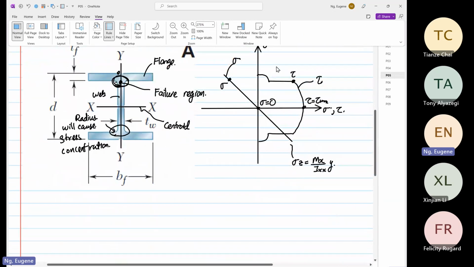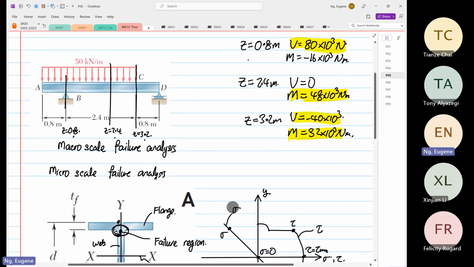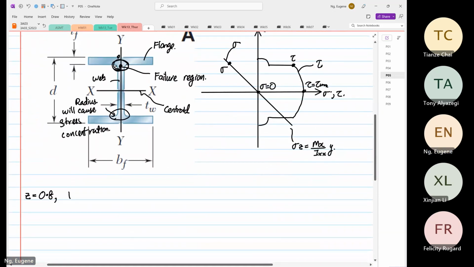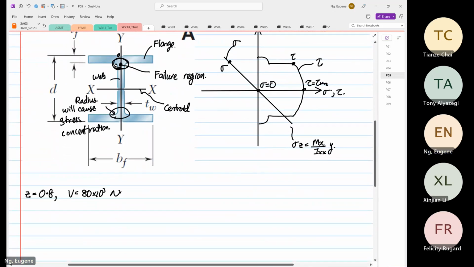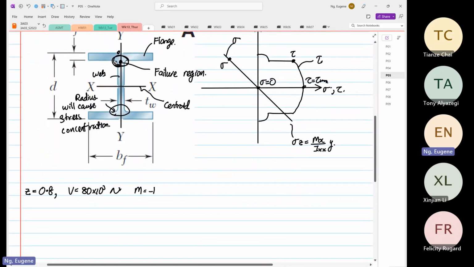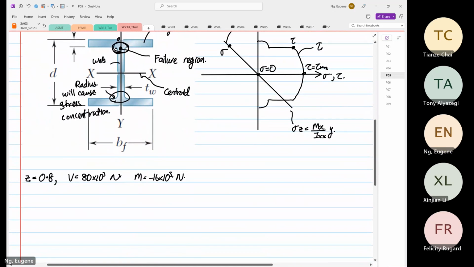At z equal to 0.8, your V is equal to 80 times 10 to the power 3 Newton, and your moment is minus 16 times 10 to the power 3. Your moment is minus 16 times 10 to the power 3 Newton. So once we are going to test z equal to 0.8.